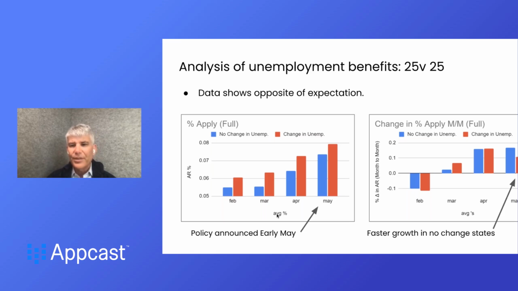And what we found was actually that the states that continue to pay the $300 per week in unemployment had a faster change in the apply rate in a positive direction than the states that suspended it, which was completely nonsensical. It was exactly the opposite of what we expected. The data seems to indicate that the incentive not to work provided by the additional federal unemployment insurance isn't having that effect. It's actually more people in those states who are applying for jobs.